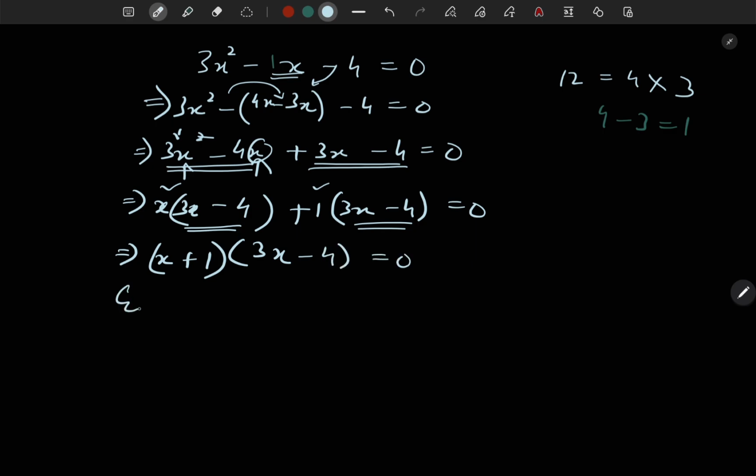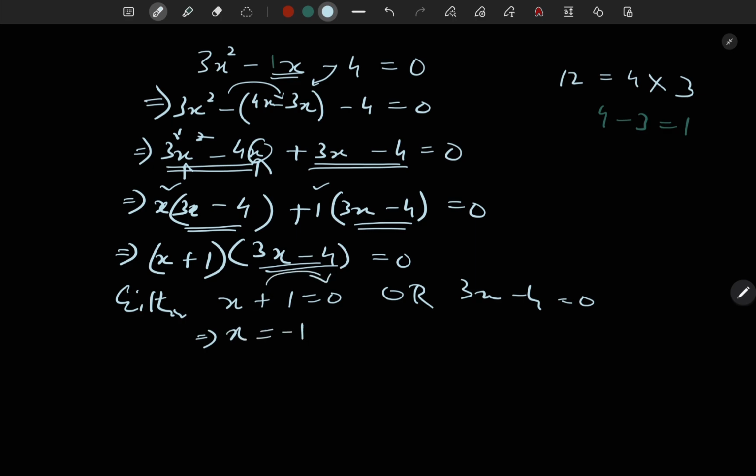Next step, we'll write either x plus 1 equals 0, or the second factor, that is 3x minus 4 equals 0. Now from here, if you take plus 1 to the other side, it will become x equals minus 1.